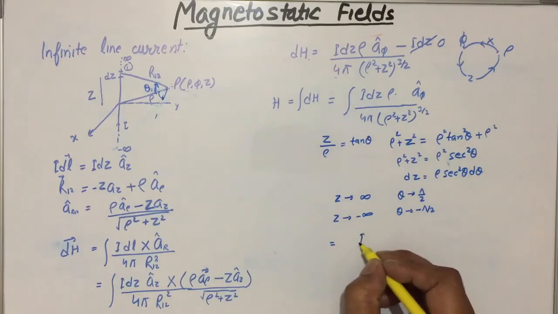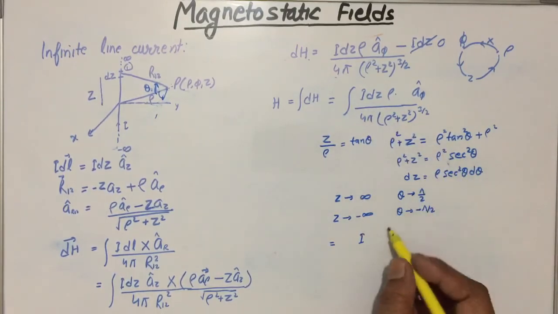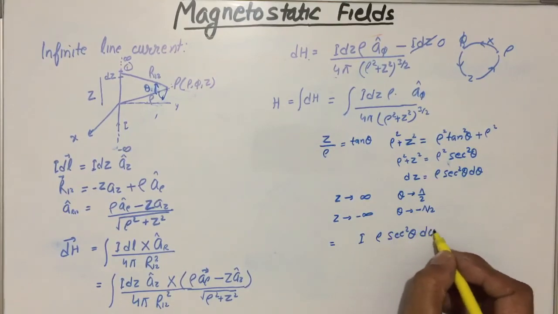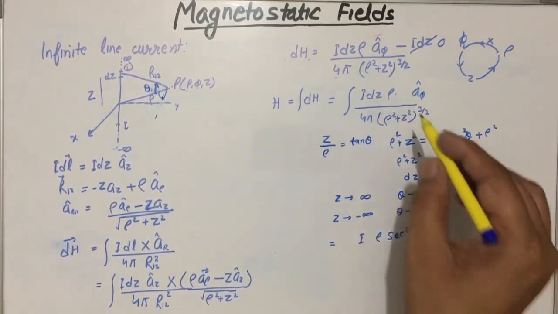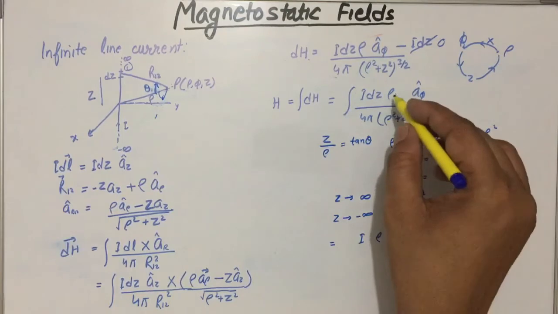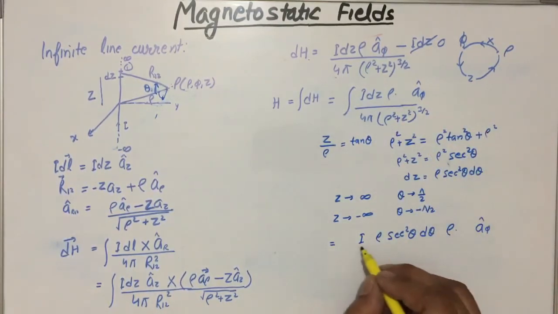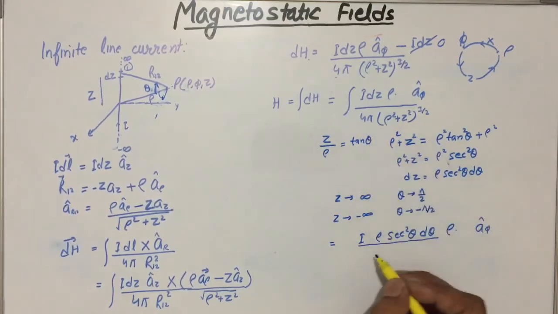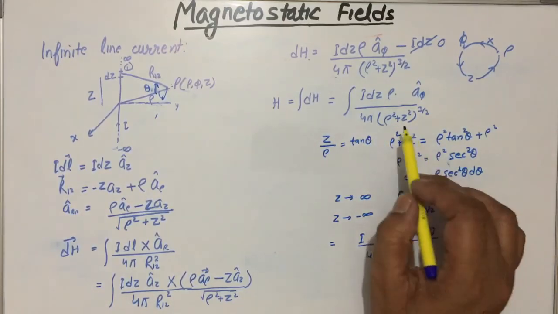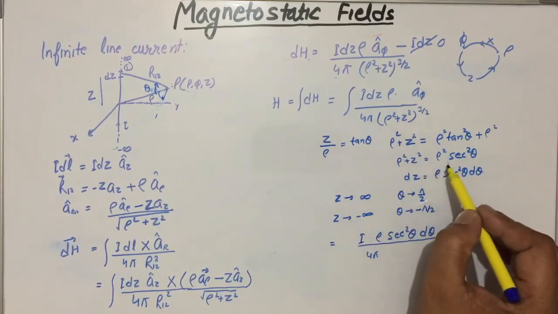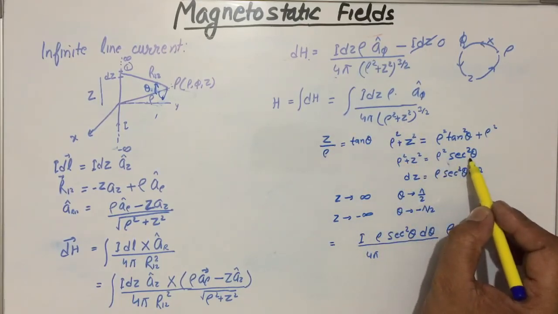I dz will be rho sec square theta d theta, and rho will be here, in the direction of a phi, divided by 4 pi, rho square plus z square, which is rho square sec square theta.